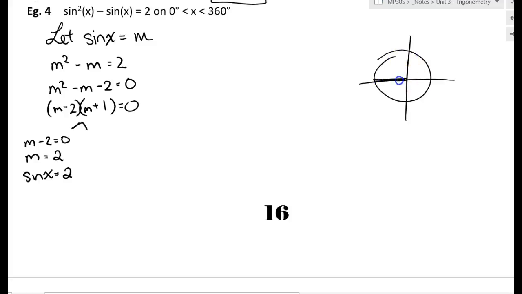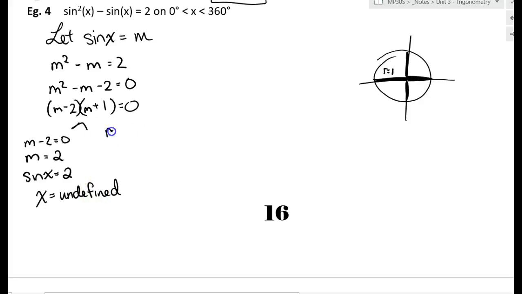So the biggest distance at any point in the circle is going to be just 1. And so this is impossible. If you don't believe me, now is the time where you can pull out your calculator just to check. Try taking the sine inverse of 2, and you will find that x is undefined. Because 2 is a non-permissible value.